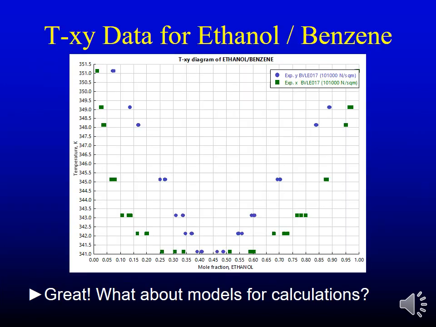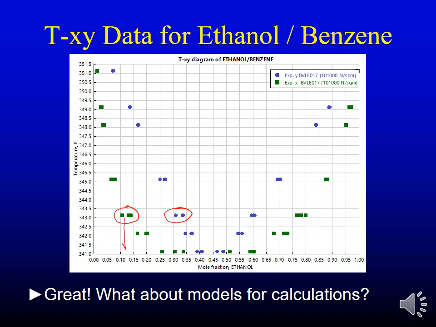And so if we generate a TXY diagram and have Aspen plot it for us, this is what we get. And this is showing all of the data. And these individual data points are what were reported in that reference. So, at this particular temperature at 343.1 Kelvin, or whatever the temperature is, the liquid phase mole fractions, and I don't know if these are repeated measurements, probably that's what that represents.